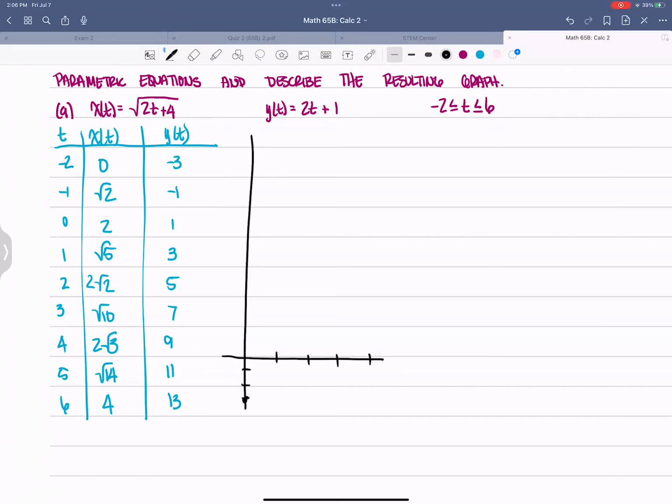All right, 0, -3. And then we have a 2, 1. And we have a 4, 13.